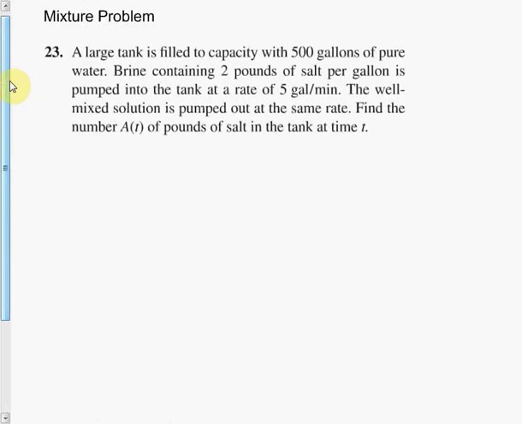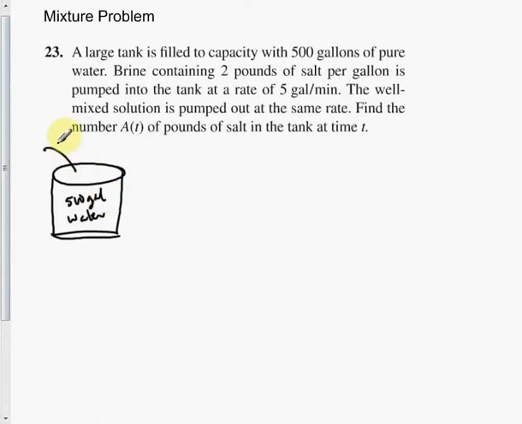In this mixture problem, a large sink is filled to capacity with 500 gallons of pure water. So in here we have 500 gallons of water. Brine, containing 2 pounds of salt per gallon, is pumped into this tank.